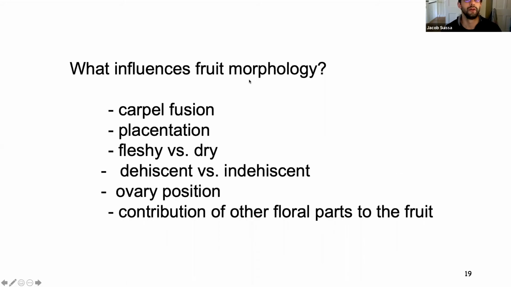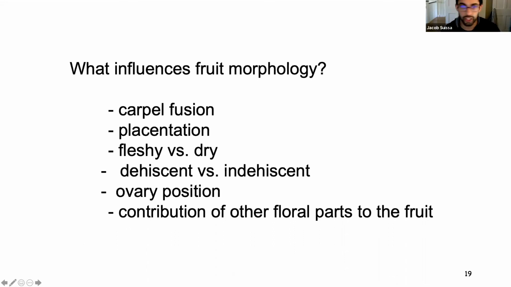So there's a tremendous amount of fruit morphology, just as there is in floral morphology. And there are many things that influence fruit morphology. These include carpel fusion, placentation, which is the placement of the ovules in the carpels, and we'll get into that.